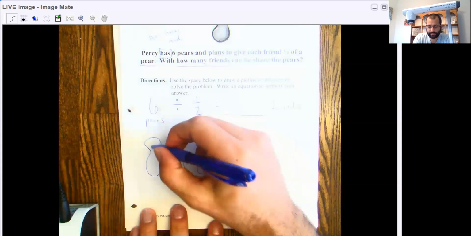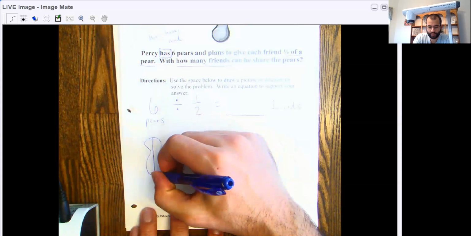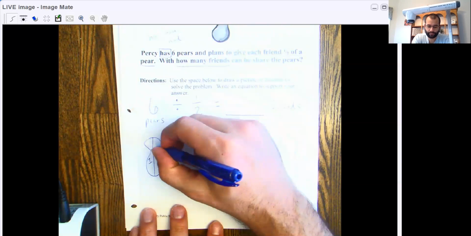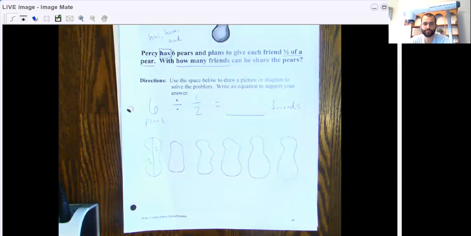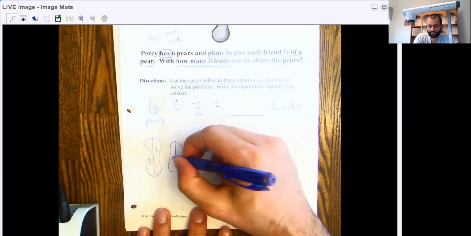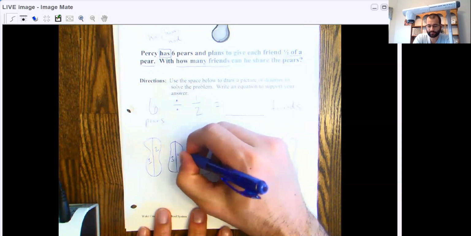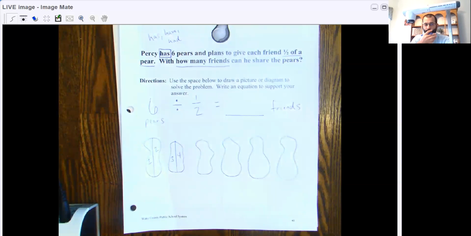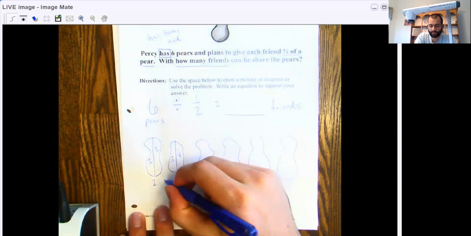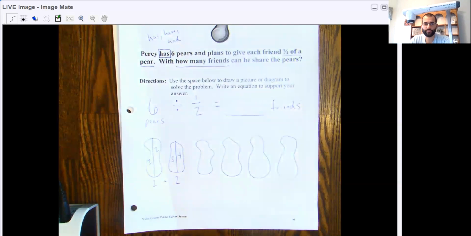So I'm going to split this one in half, and I'm going to give this to my first friend and this one to my second friend. I'm going to split this one in half and give this to my third friend and to my fourth friend. So notice how so far this pair I've given to 2 people and this one I've given also to 2 people.